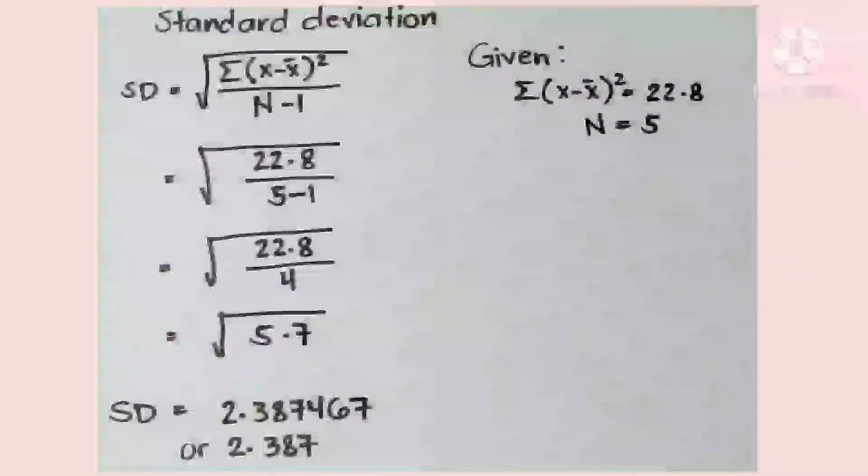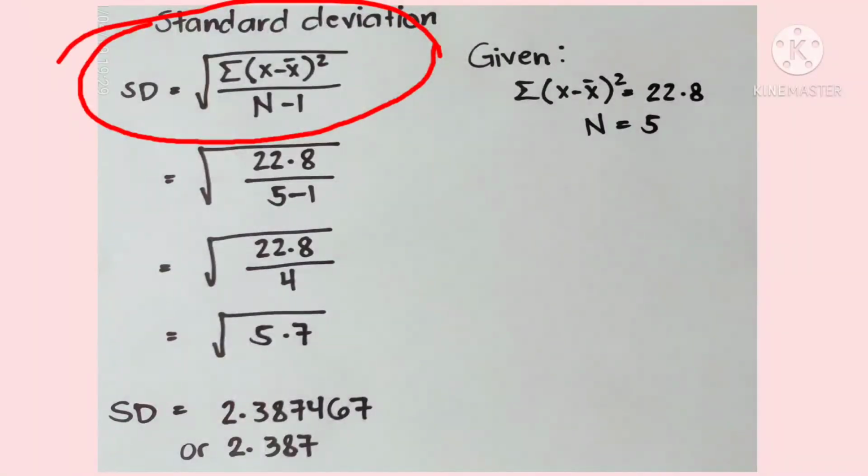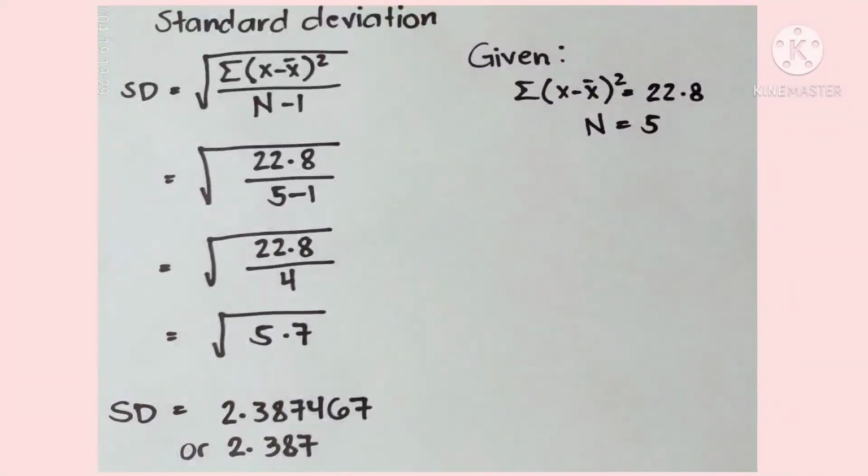The formula of standard deviation is SD equals the square root of the summation of x minus x bar squared divided by n, the number of cases, minus 1.